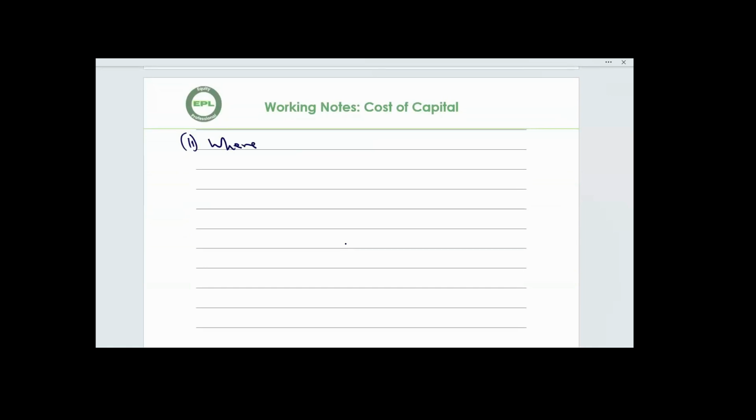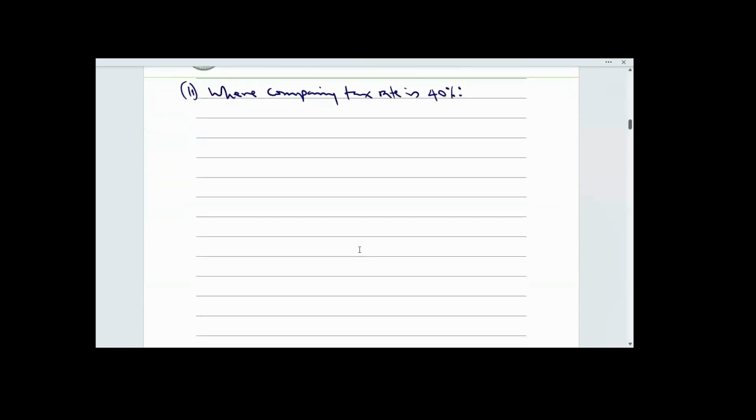Where there is tax, or where company tax rate is 40%. So you have been given a tax rate of 40%. Now that we have tax, how do you compute your cost of irredeemable debts?